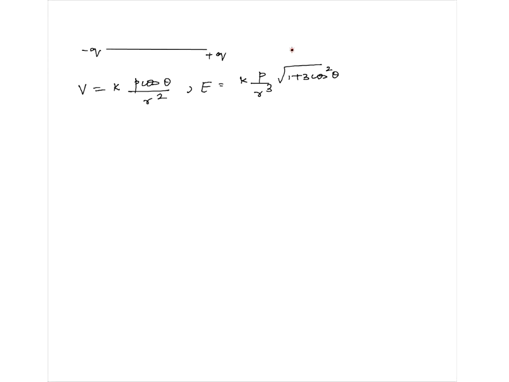If the point of interest is located on the axis, in that case theta will be 0. Cos 0 is 1. Potential is Kp by r square.